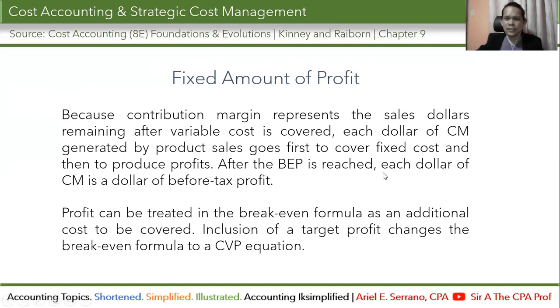After the BEP is reached, each dollar of CM is a dollar of before tax profit. Ang sinasabi lang dito, pag na-cover mo na yung fixed cost, ang mga susunod dyan is, i-cover na natin yung mga profit. So kung malaki yung ating contribution margin to cover your fixed cost, mas malaki yung ating take home, no? Yung ating before tax profit. Remember that meron tayong before tax at saka after tax. We will be talking about it later on.